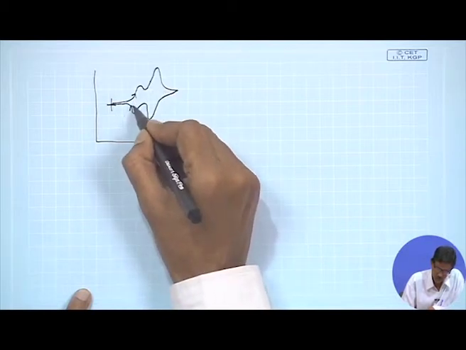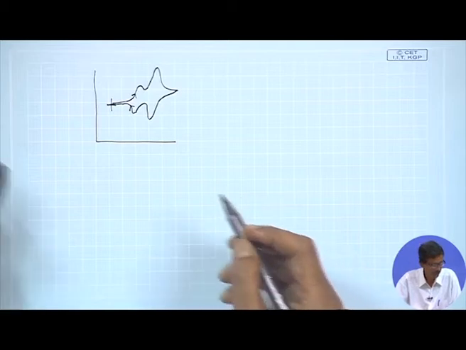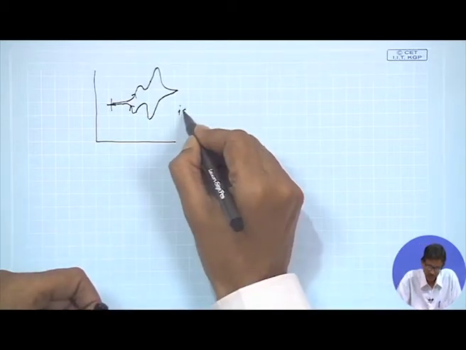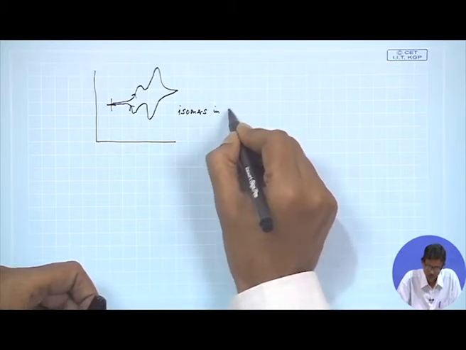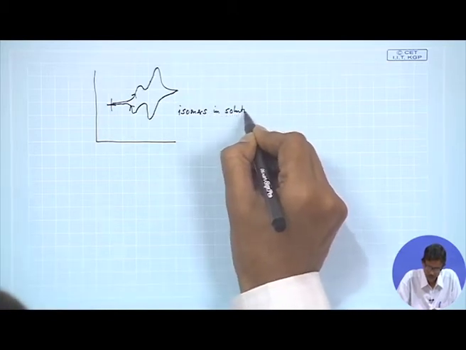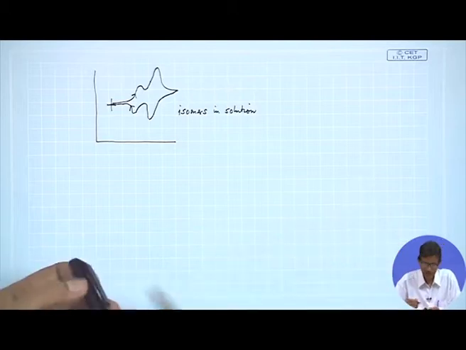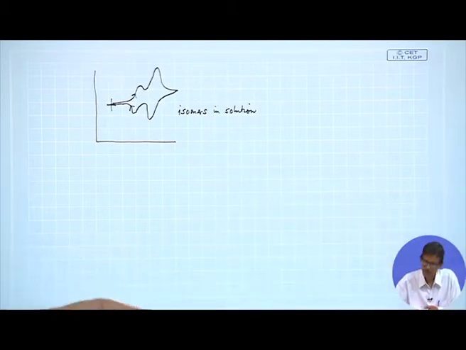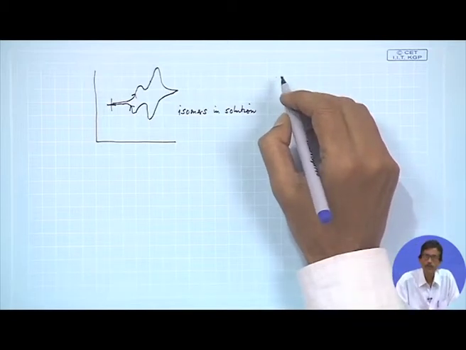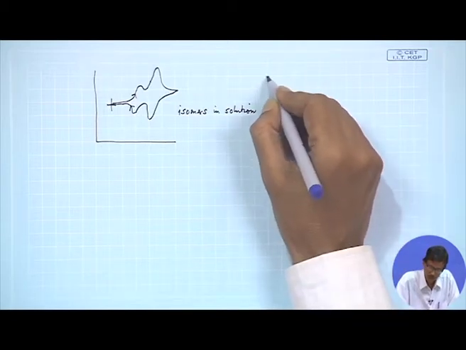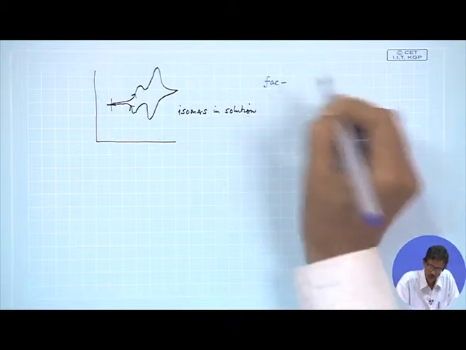We get this for a typical scan if we have isomers in solution, particularly when we talk about metal ion complexes. We can have these two isomers.